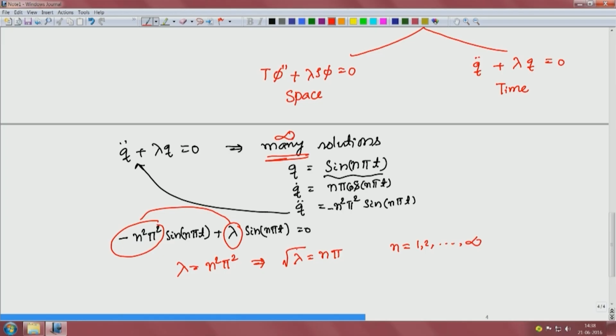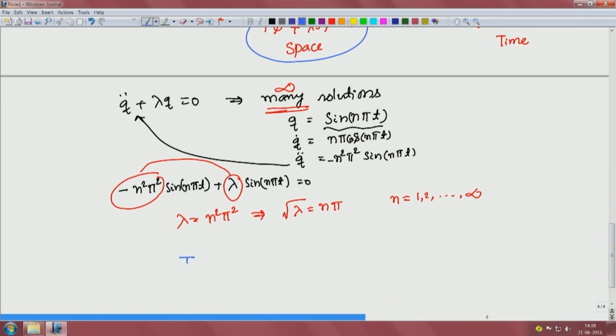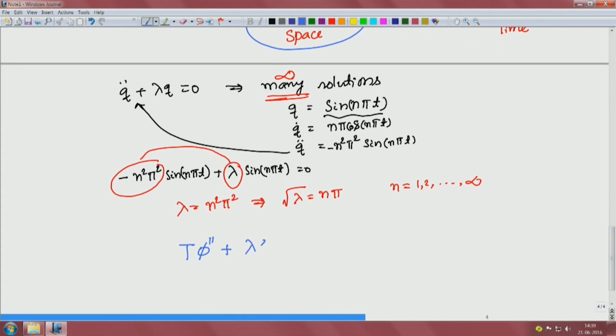Now, I take this lambda, I can put it back into this equation and solve for phis. Now that we know many lambdas are there, I take T phi double prime plus lambda rho phi equal to 0, where we know that this lambda is equal to n square pi square.